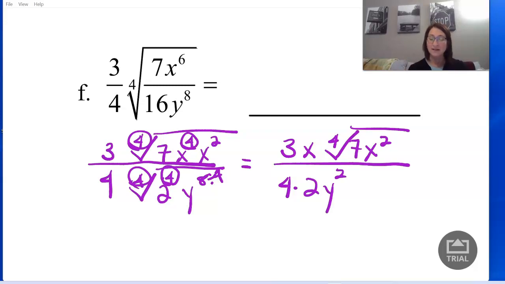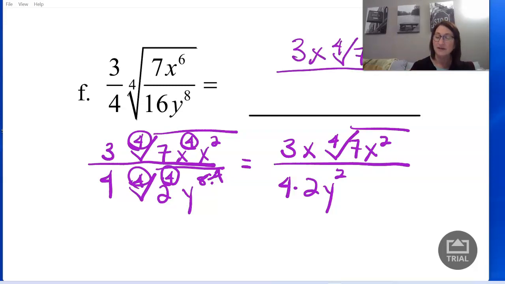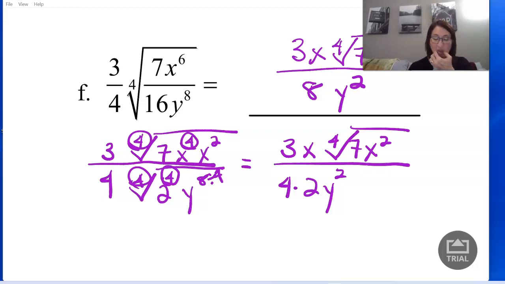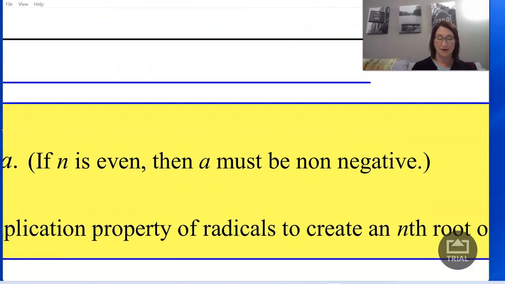So my final answer here is going to be 3x times the 4th root of 7x squared over 8y squared. There we go. All right. So now that's how we can apply that division property. Let's go one step further here.